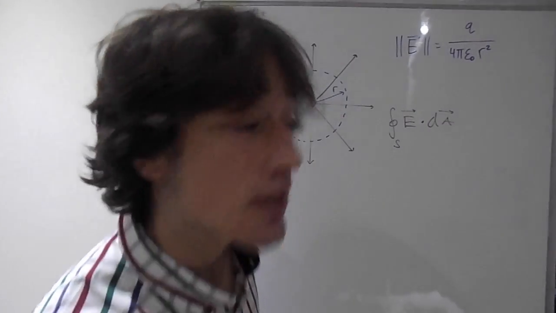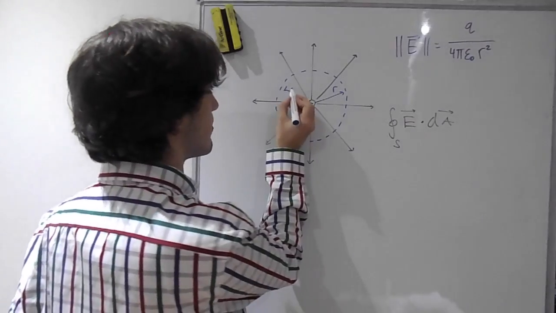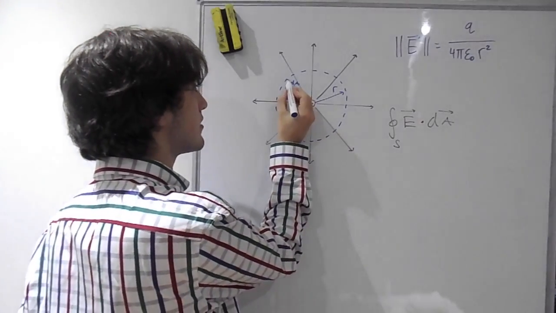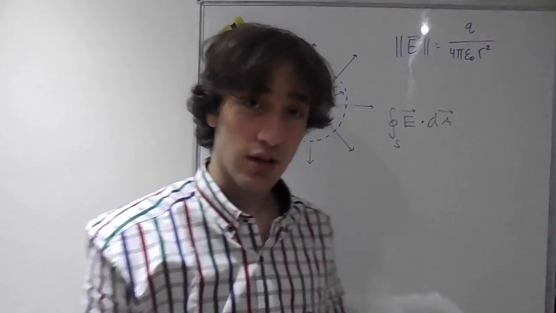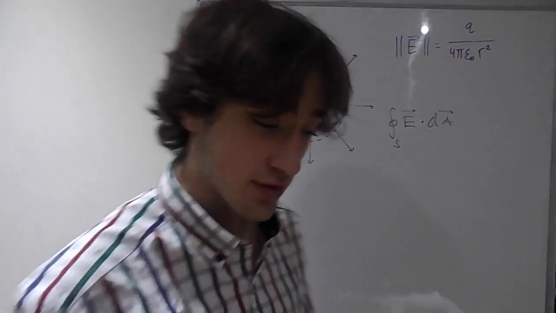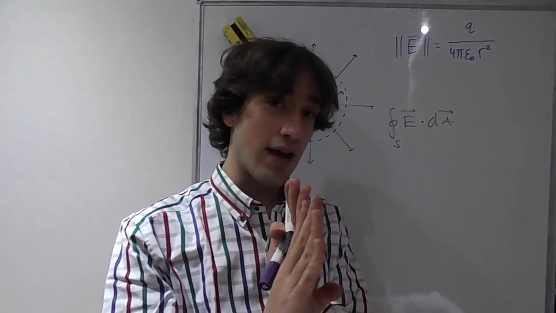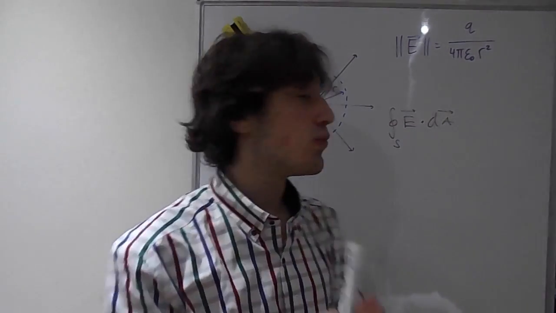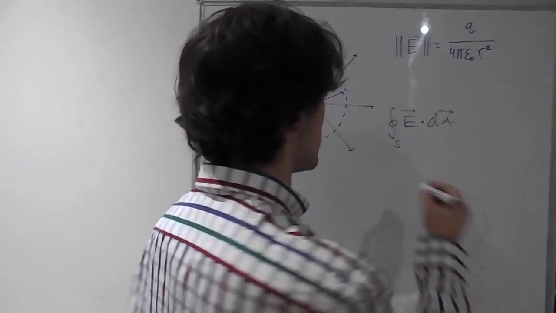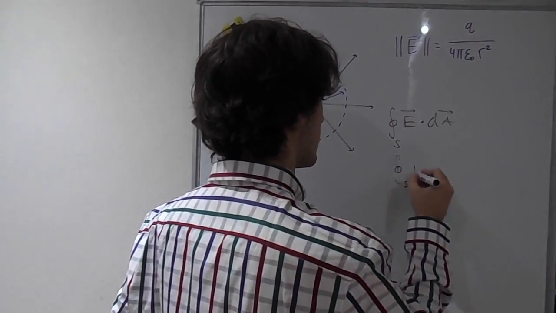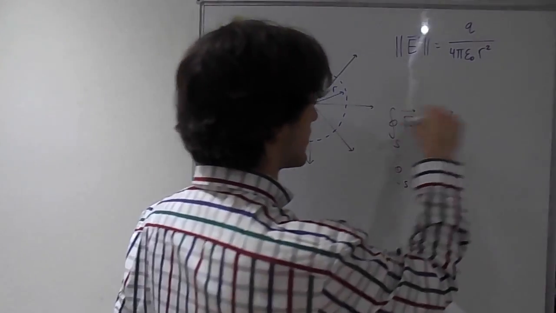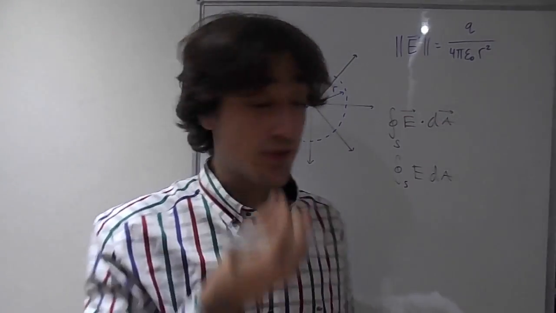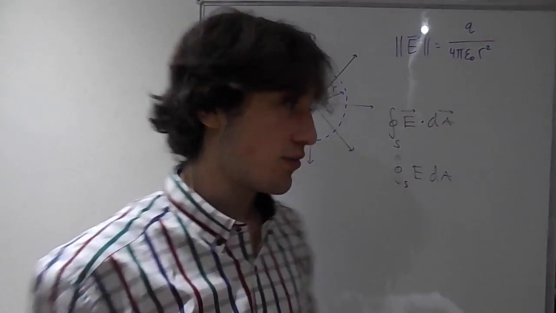And it being perpendicular to the surface means that if this is the normal vector and the radius, they are going to be parallel. So their angle is going to be 0, cosine of 0 is 1. So this is just E dA. And I've taken the arrows out to emphasize that those are just magnitudes.